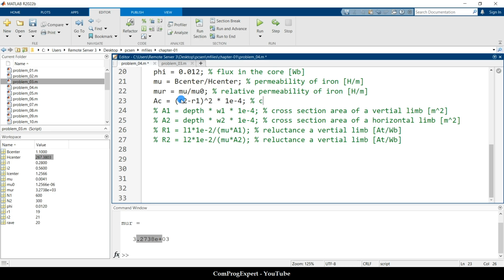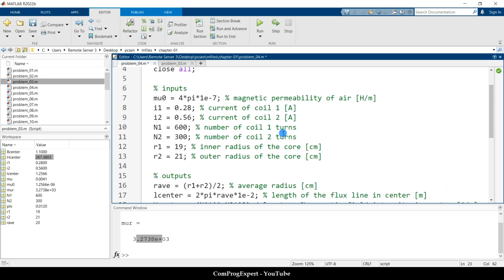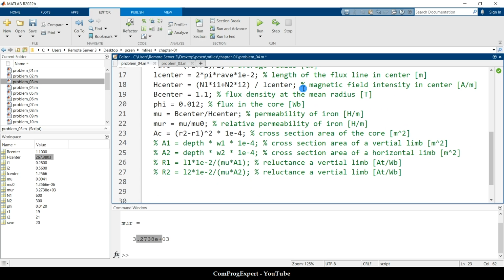So this is the cross section area of the core, in meter square. And finally, what is the value of the phi?